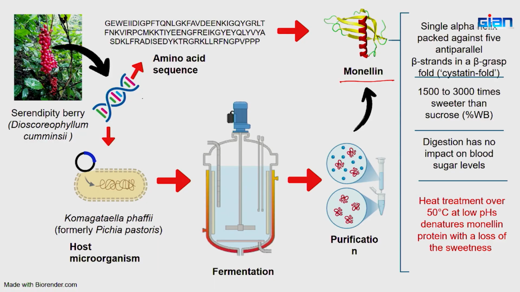I would like you to develop a process. The one which you are seeing there is the one which I would be using. So, the host microorganism that I would have chosen would be a yeast. I have the amino acid sequence. I have not provided you a DNA sequence.